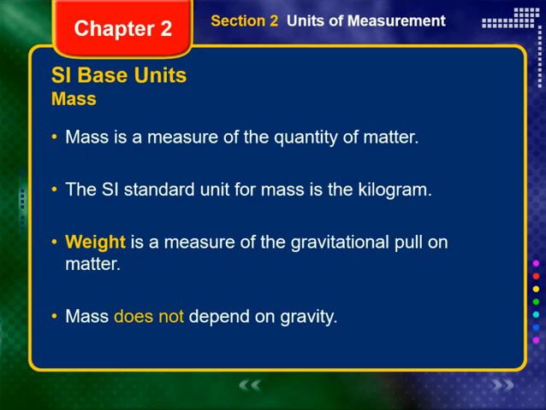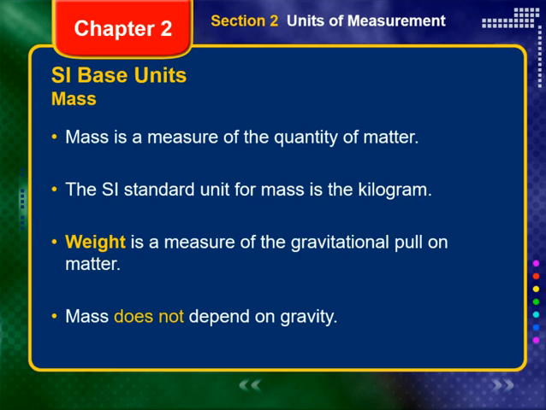The gram, represented by lowercase g, which is 1/1,000th of a kilogram, is more useful for measuring masses of small objects, such as flasks and beakers. For even smaller objects, such as tiny quantities of chemicals, the milligram, represented by lowercase m, lowercase g, is often used. 1 milligram is 1/1,000th of a gram, or 1/1,000,000th of a kilogram.